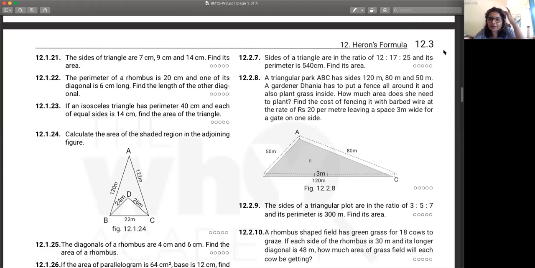Wait, Netri got a slightly different answer from the other two. Netri, just check your calculation. Arav, yes. Ria, I think you're missing a zero, Ria.